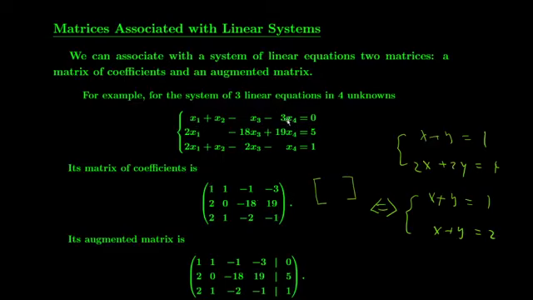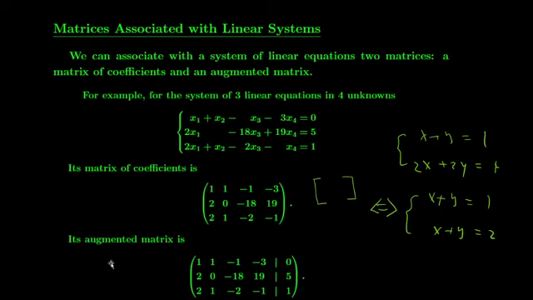It will give you that number. Again, each row in the matrix corresponds to an equation. Because in the system we have three equations, correspondingly in the matrix we have three rows.